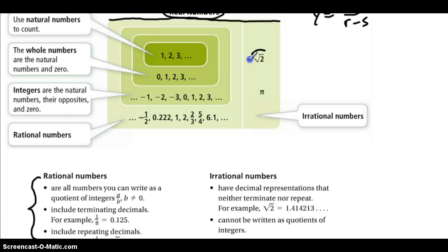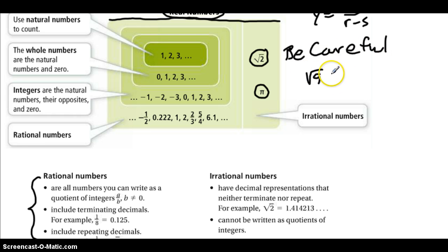Excellent examples are anything with a radical, which might be an irrational number, and pi. However, be careful with the radicals. What about radical 9? Is that an irrational number? No, because it can be simplified to 3. You might want to remember that.